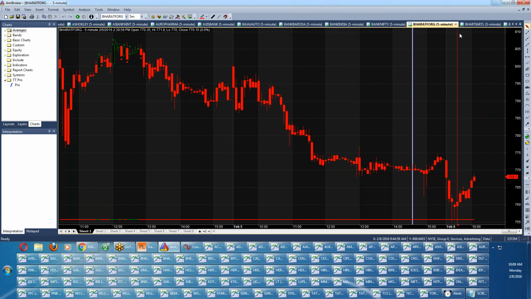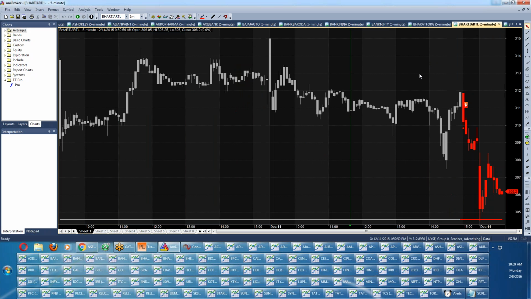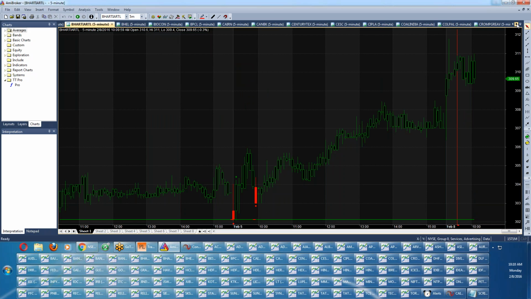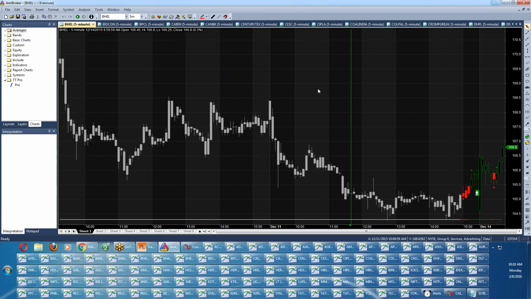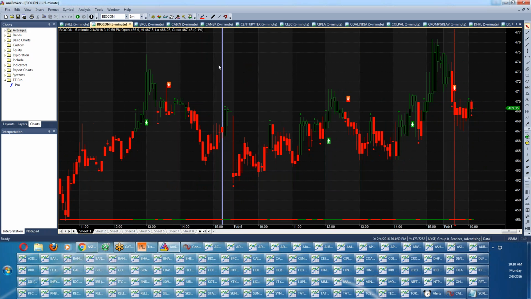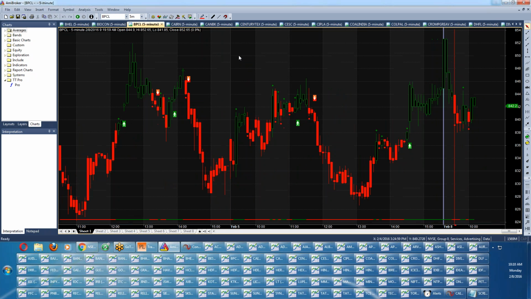CanBank is doing really good. So that's BHEL. It's Biocon.